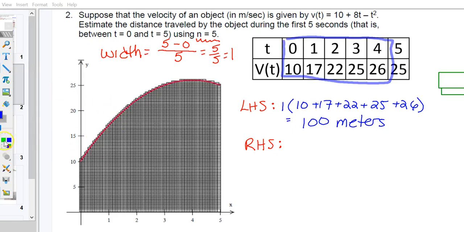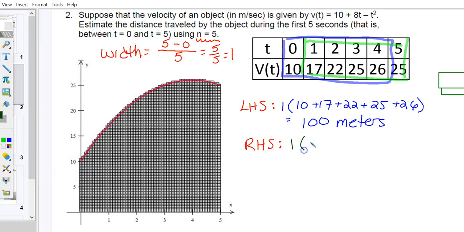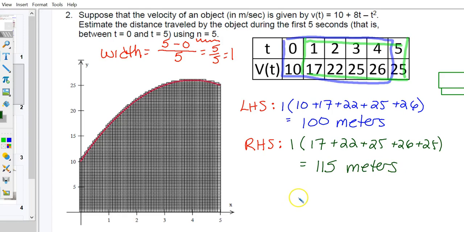Right-hand sum, width of 1, type them in your calculator. So the distance traveled is between 100 and 115 meters. I cannot get any more specific than that based on the directions.